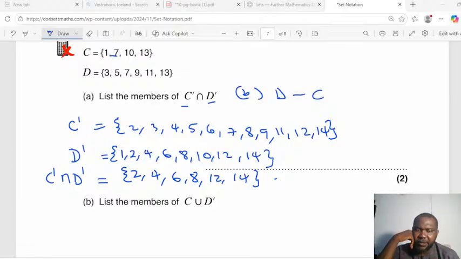Does it make sense? Okay, so this is what we are going to do. Are you with me?